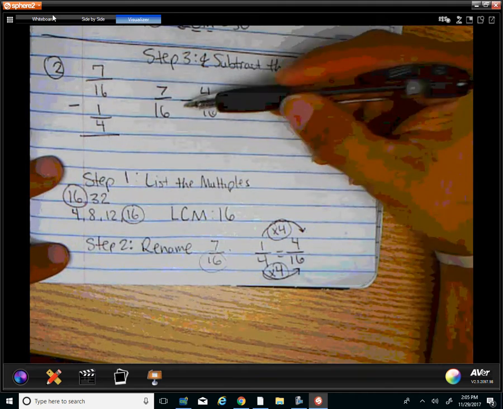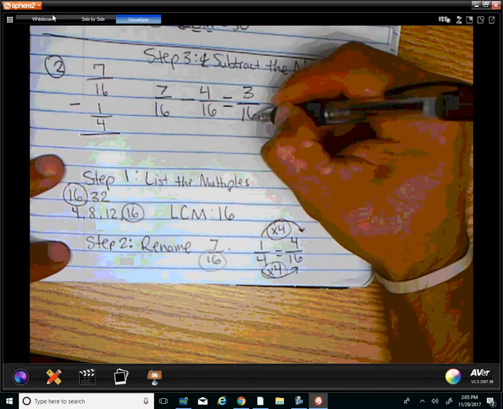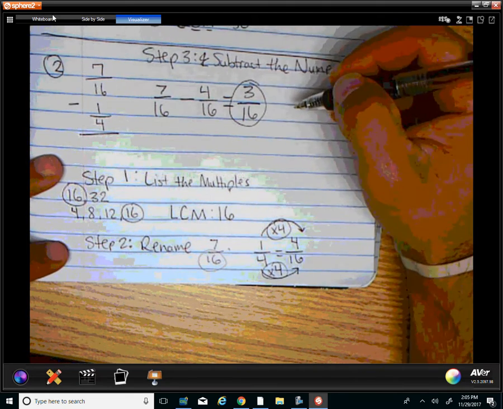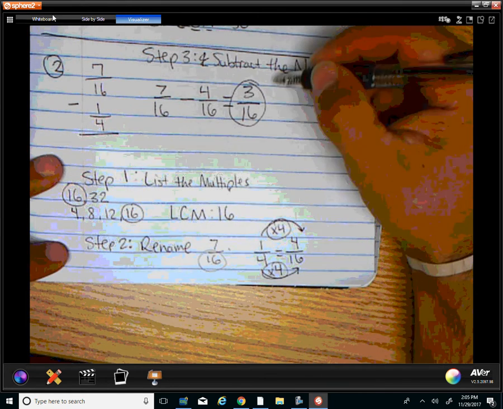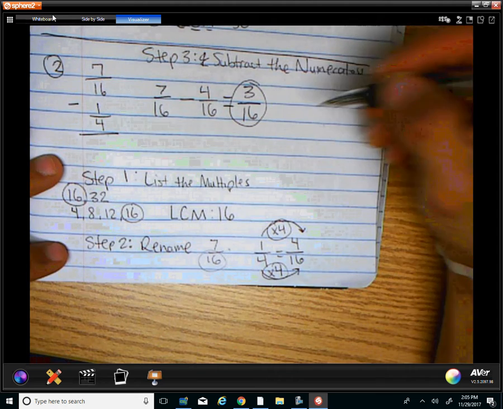And 7 minus 4 is 3. You keep the denominator 16. Now, simplify if necessary. Here I know that 3 is a prime number and won't divide evenly into the denominator. These two do not share a common factor. So 3/16 is my final answer.